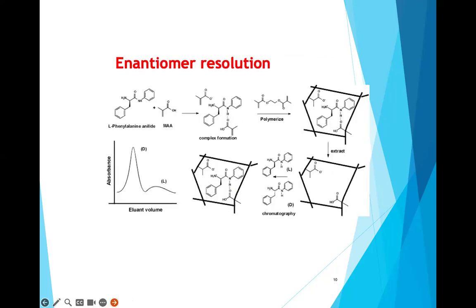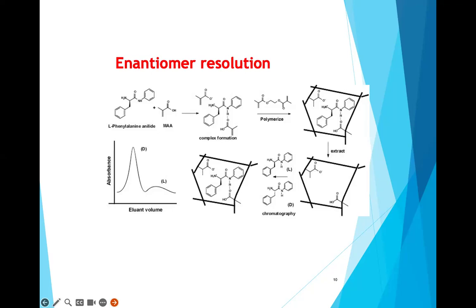So if you have imprinted polymer, it can be very good, up to you, you can select a specific enantiomer. We know that with drugs, if any one of you work with drugs, different enantiomers can have different characteristics.